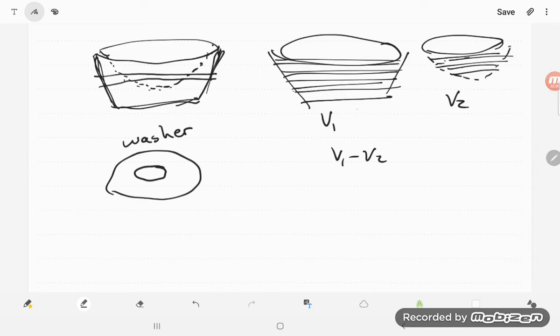So V1, as we were doing that, we were taking pi, and we'll call it big R squared, times some h. And this volume 2, we were taking pi times some little r squared times h.